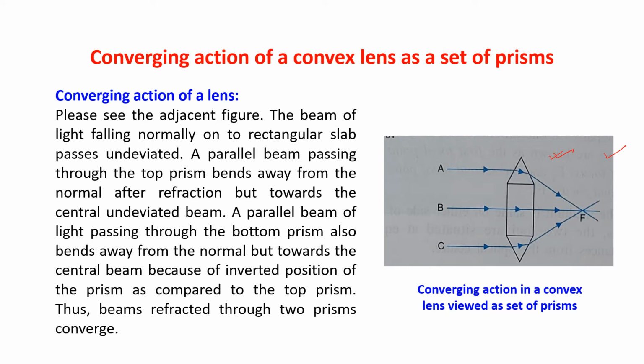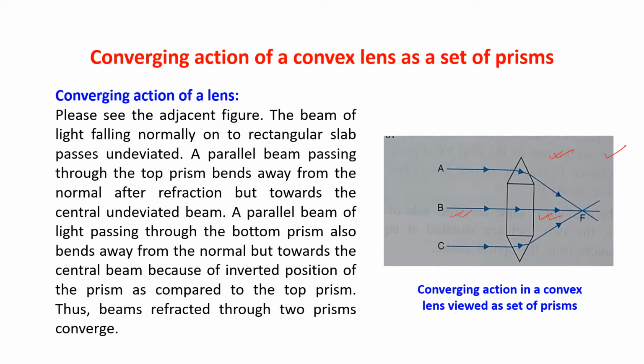If a beam of light is falling on the rectangular slab normally, that will pass undeviated. The beam of light falling normally on the rectangular slab passes undeviated.